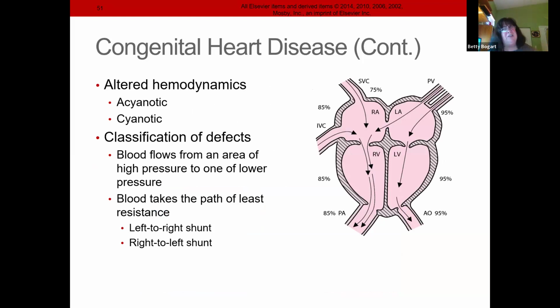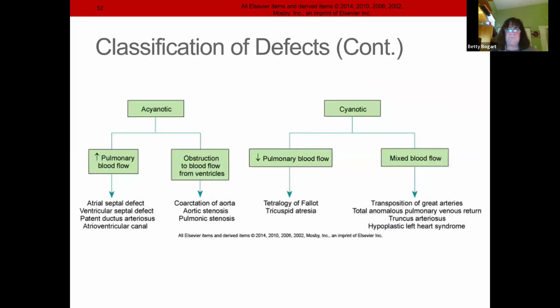Cyanotic could be your tetralogy of Fallot when it's in a tet spell, and the hypoplastic left heart, tricuspid atresia. There's a bunch of them, but there's ways to get oxygen for these children. And as I said, shunting is always from left to right, always in the heart.